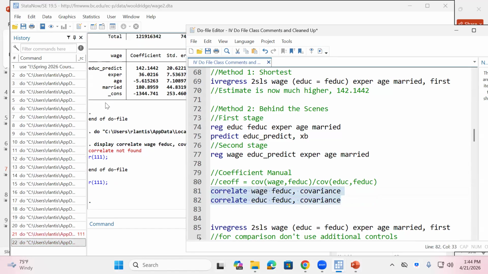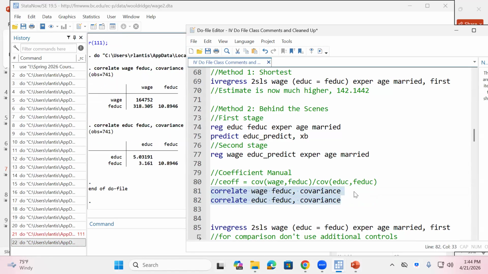So I run these. The covariance of y with the instrument is approximately 318.3, and the covariance of the x variable with that instrument is 3.161. I'll keep this out to the third decimal.